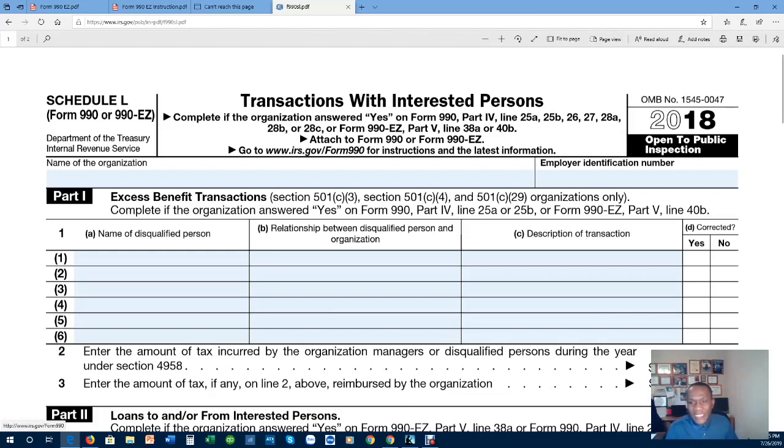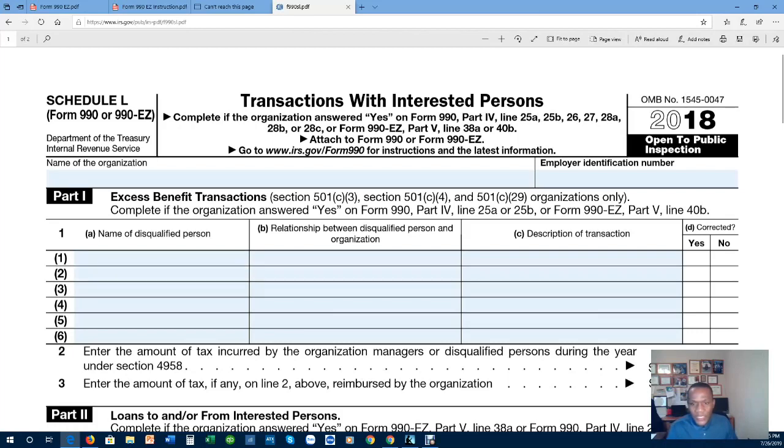You must attach this form to your Form 990 or Form 990-EZ. It covers excess benefit transactions, for Section 501(c)(3), 501(c)(4), and 501(c)(29) organizations only, and must be completed if the organization answered yes on Form 990 Part 4, as we explained before.